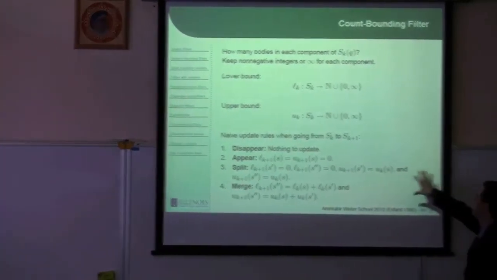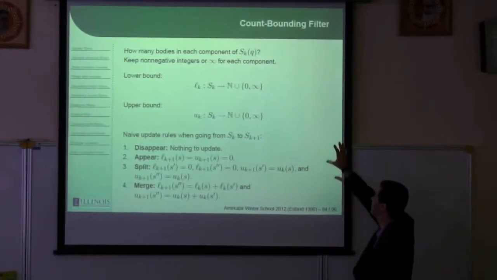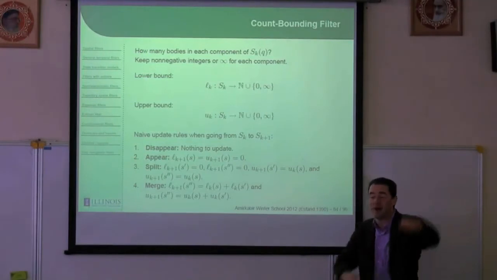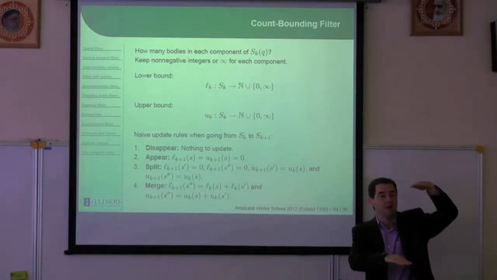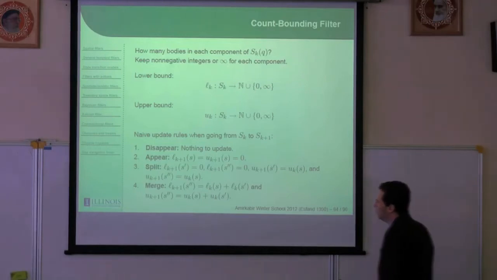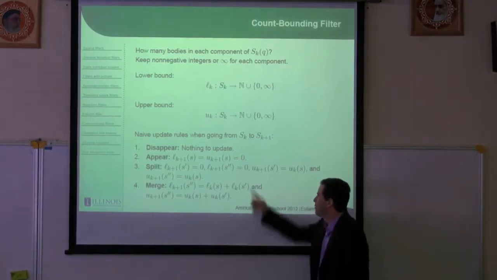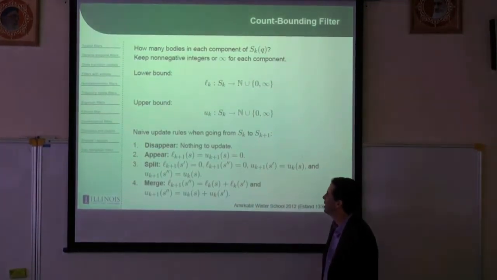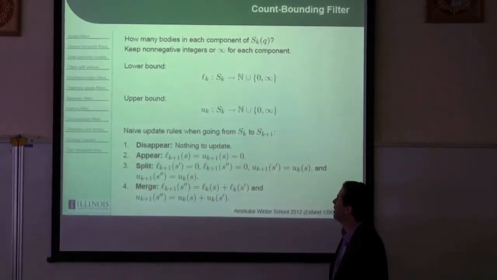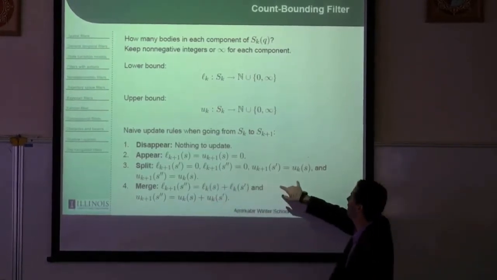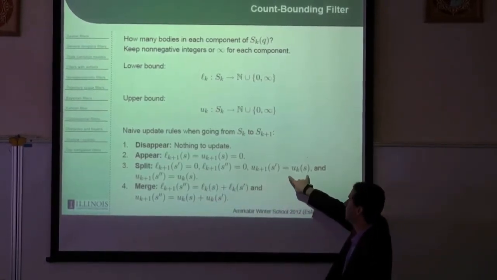This is a very simple way to make update rules if we're trying to keep track of the bounds on the count. So you have lower and upper bounds on how many evaders, if you like, or whatever they are, moving around, their bodies in general. So if I have appearance, I'll assume there's nobody there. This is very simple. In the case of splitting, I just propagate the lower bounds, and I copy the upper bounds.